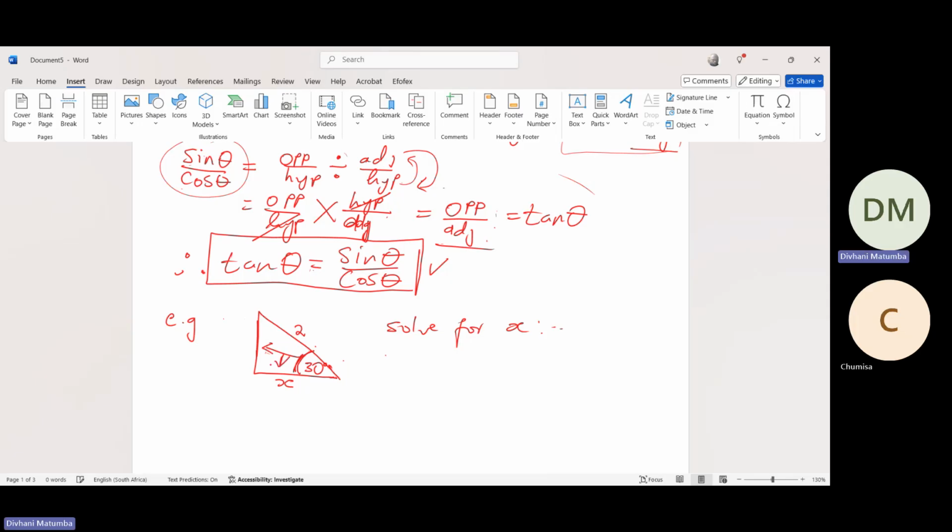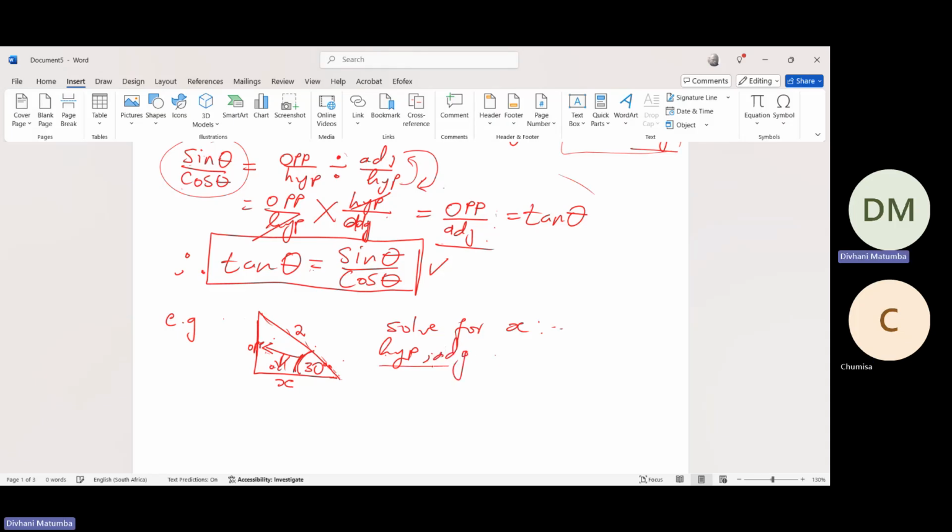This should be our adjacent. Which one is given and which one is not? And this should be our hypotenuse. So we are given the hypotenuse and we are looking for the adjacent.